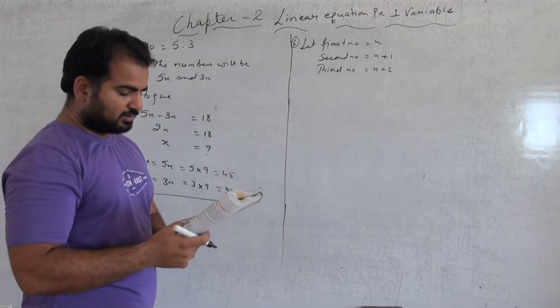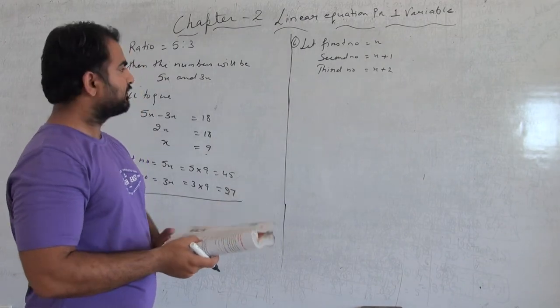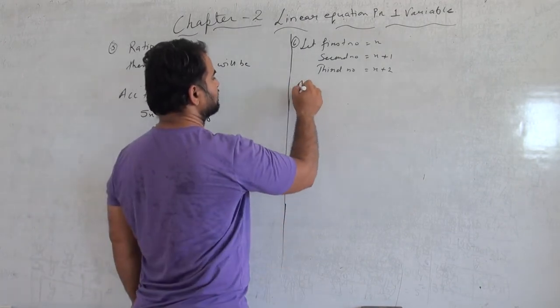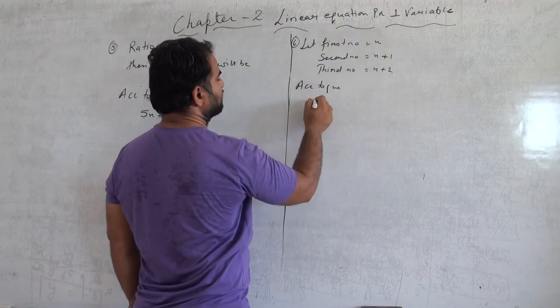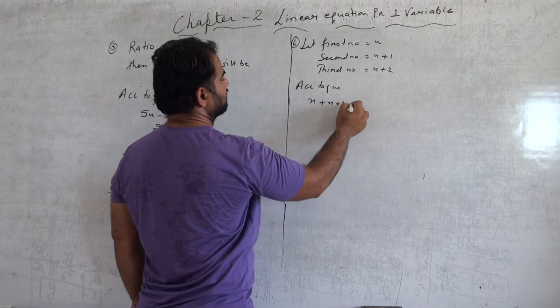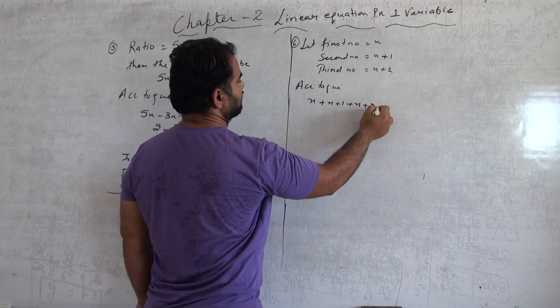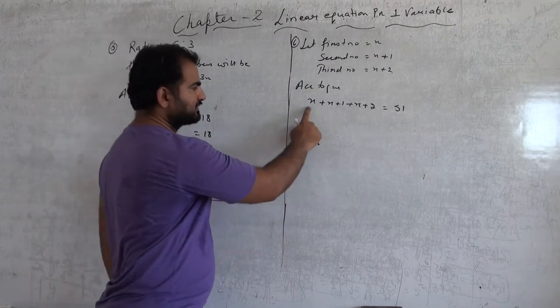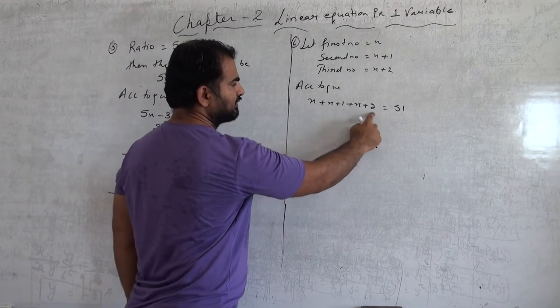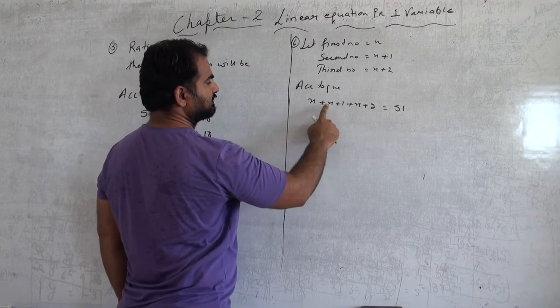The total is 51. According to the question, the total of all the numbers is 51. This was the first, second and third number, so it will be x plus x plus x.